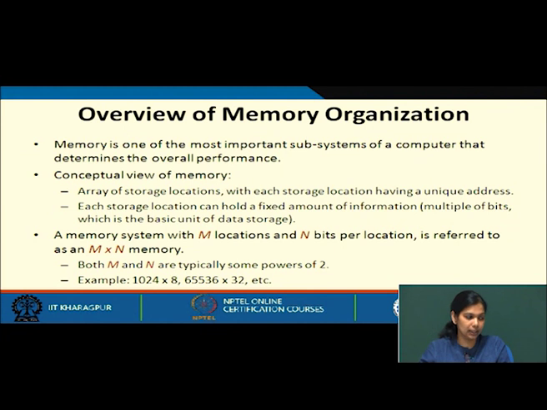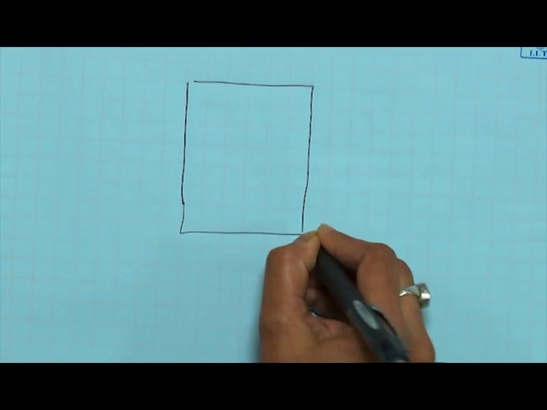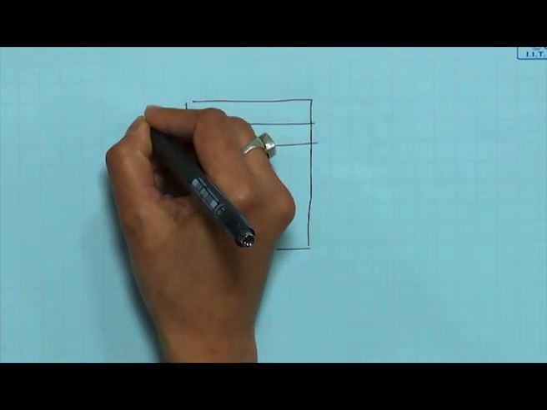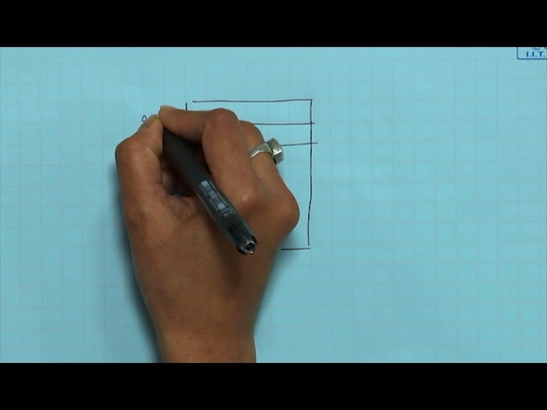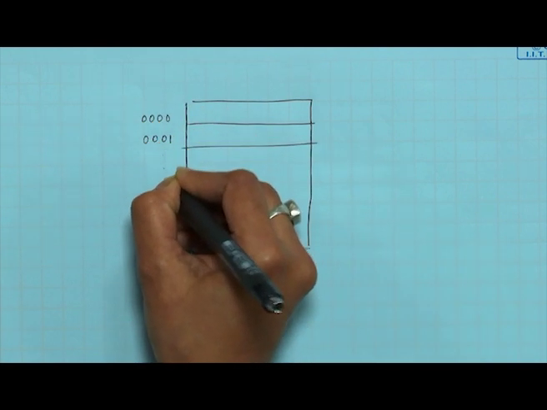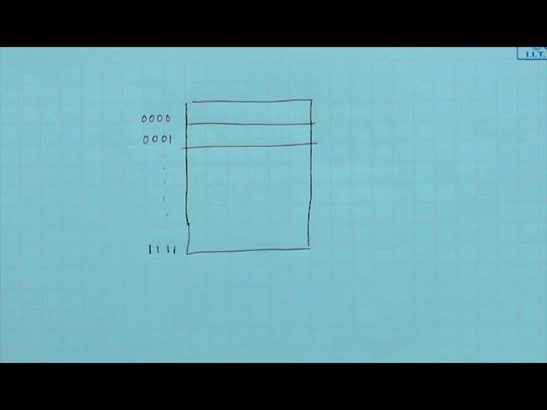So, the conceptual view of memory is that it is an array of storage locations, with each storage location having a unique address. So, it is an array of memory locations. We have the first location as 0000, the next location as 0001, and so on. Maybe the last location is 1111.